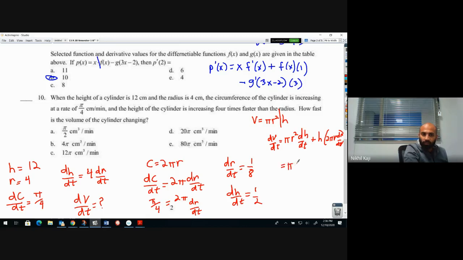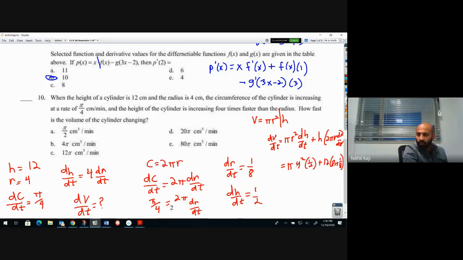Pi 4 squared times 1/2 plus 12 2 pi r. So that's 2 times pi times r, 8 pi times 1/8.